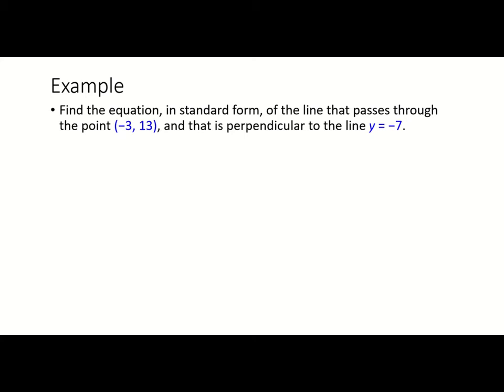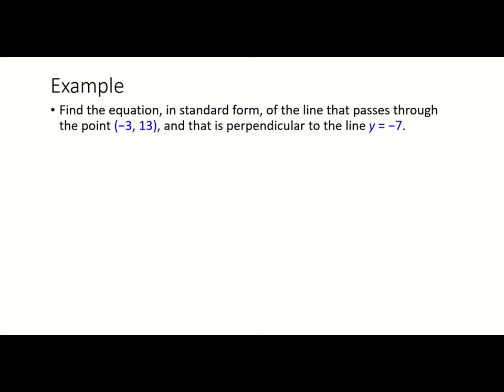Okay, so here, we're going to find the equation in standard form of the line that passes through the point negative 3, 13, and that is perpendicular to the line y equals negative 7. This one is a pretty interesting question.